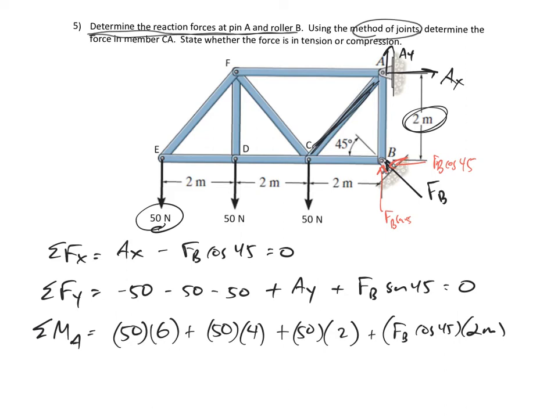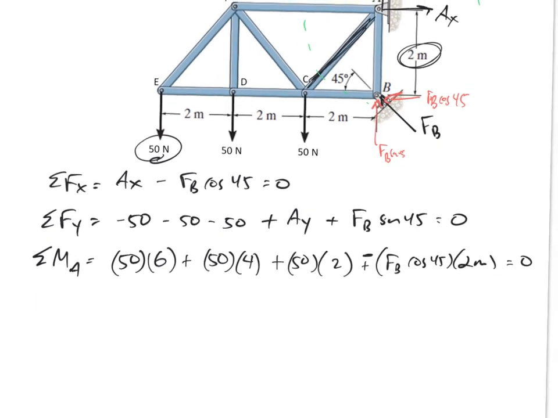Also, the way I drew it, this one would create a negative rotation if A is my pivot point. So this would actually be minus FB cosine 45 times 2 meters equals 0.